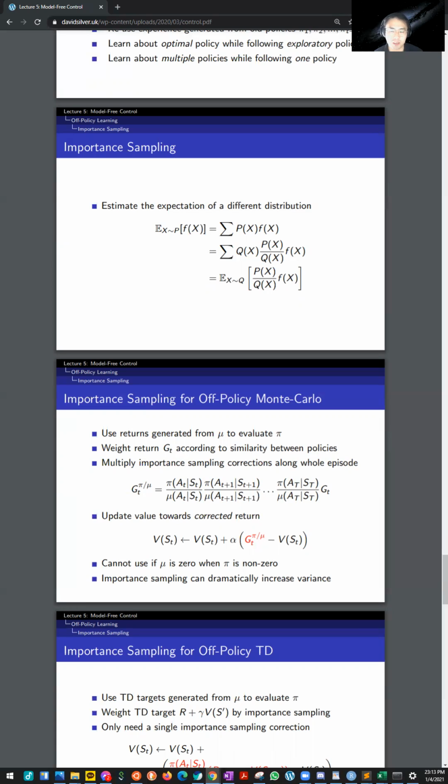We can't generate the data for some reason. But we have data for another probability distribution that has some similarity with P, where P is our probability of interest, and let's say Q is a distribution that is more approachable, which we have more access to.